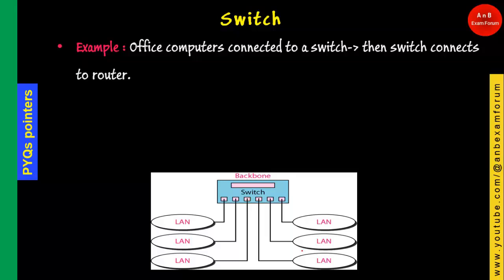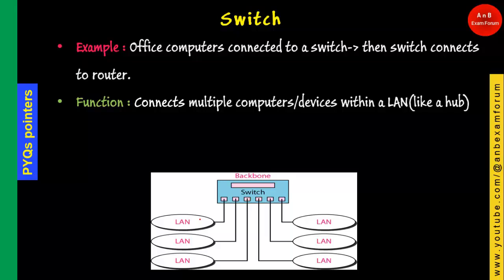It is going to connect multiple LANs, in fact in the order of 10 to 12. And it is going to connect multiple devices within a LAN. It is like a hub. So a hub is used to connect independent devices, whereas a switch is used to connect the LANs.